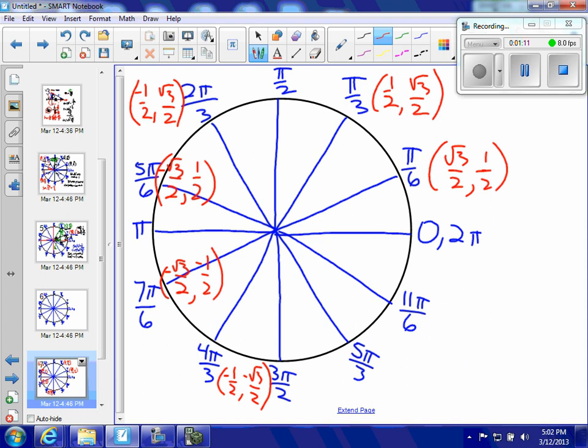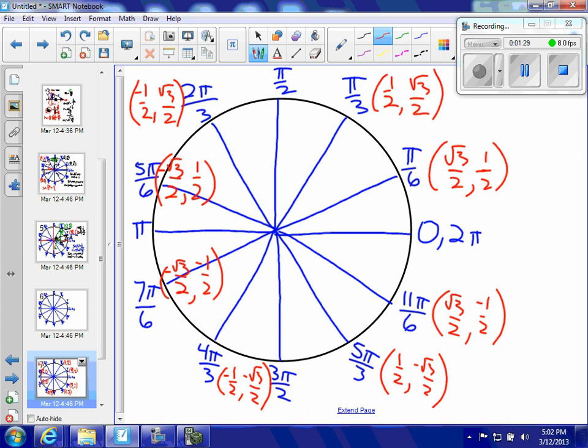At 5 pi over 3, I have positive 1/2, negative radical 3 over 2. And 11 pi over 6, I have positive radical 3 over 2, negative 1/2.